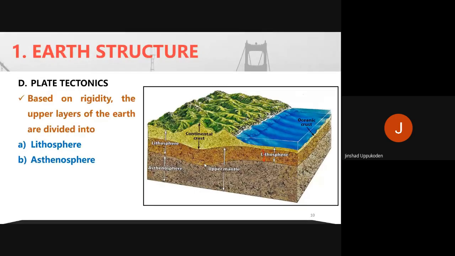the rest of the layers, that is the outer core and the lower mantle, these are all in a liquid state, and this heat is due to the fusion reaction of the materials at that high temperature and pressure. The fusion reaction that takes place, not the fission reaction, but the fusion reaction.